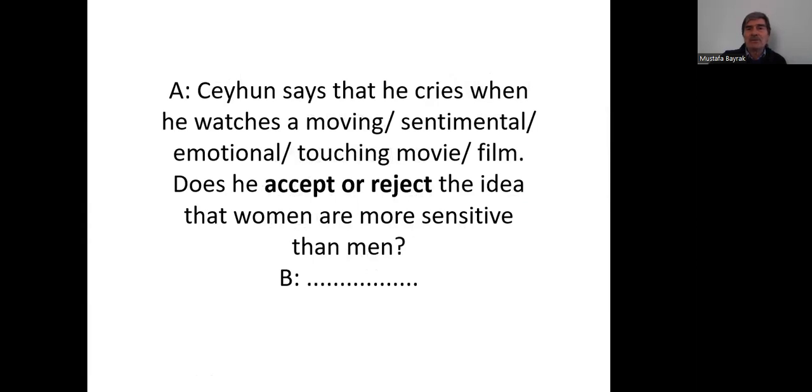Okay, Ceyhun says that he cries when he watches a moving, touching, sentimental, emotional movie or film. Does he accept or reject the idea that women are more sensitive than men?